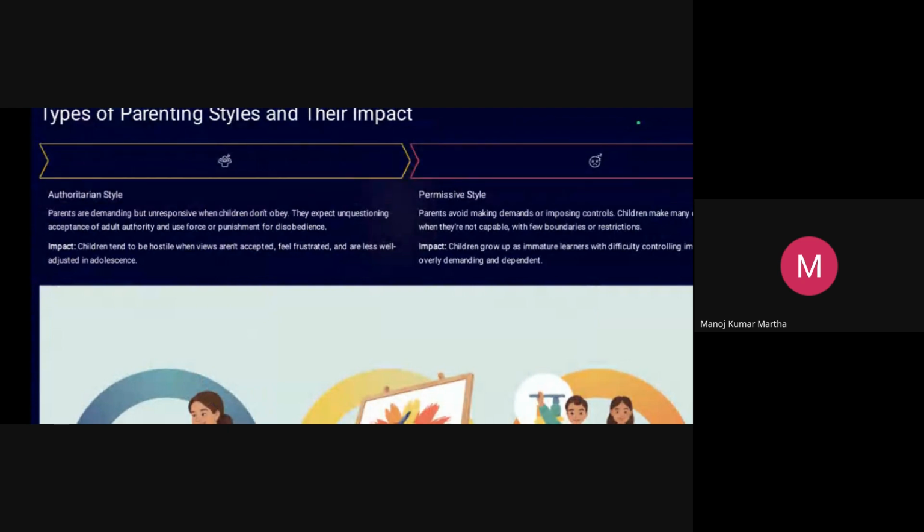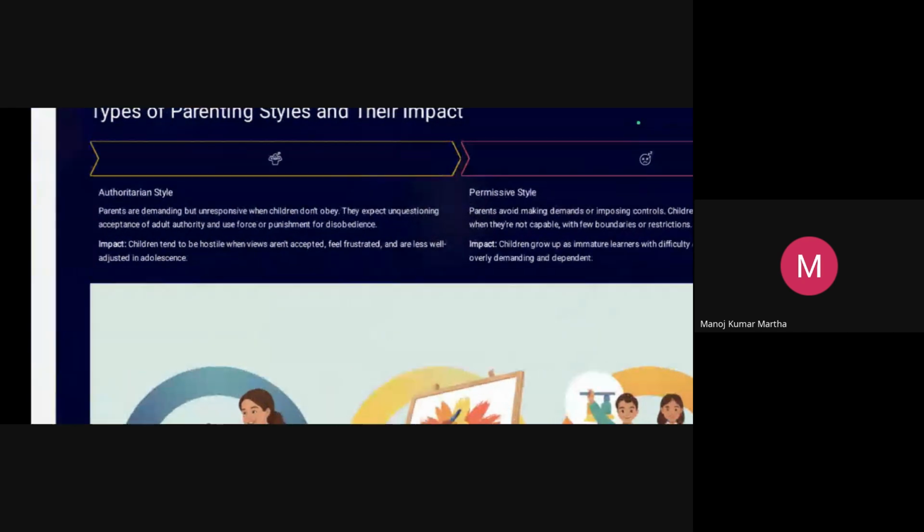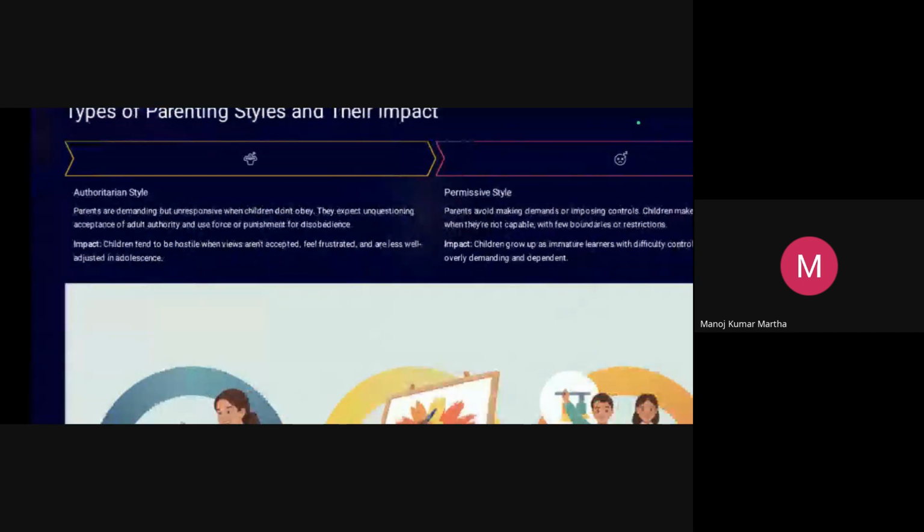That means they expect that their children will not ask any questions. The children will accept anything, and parents are very strict. They don't allow their children to do anything by themselves. They don't provide freedom. They take all decisions for the children. That type of style is known as the authoritarian style.